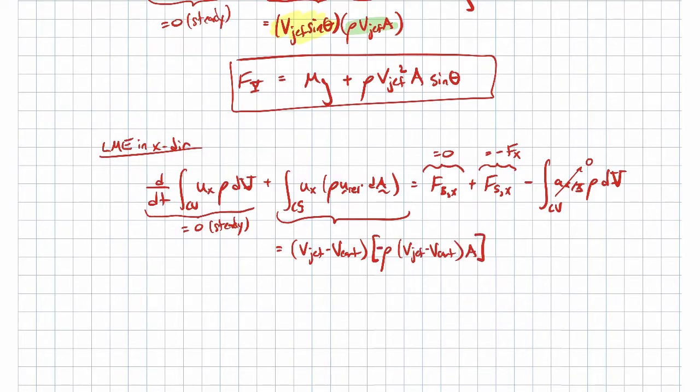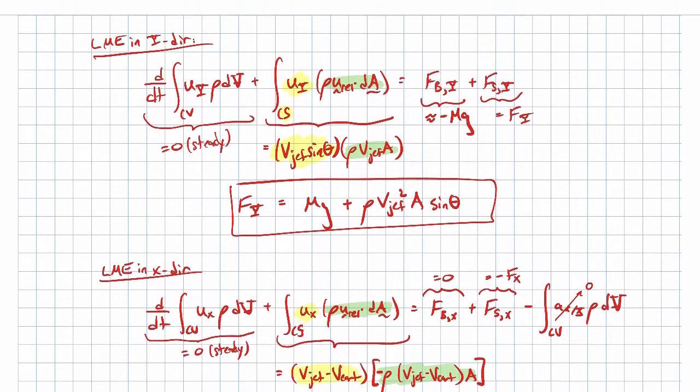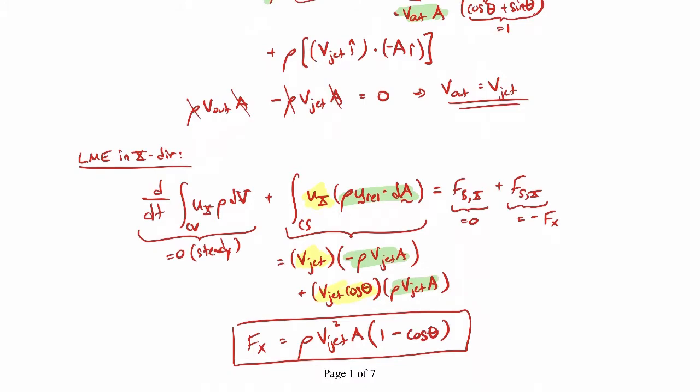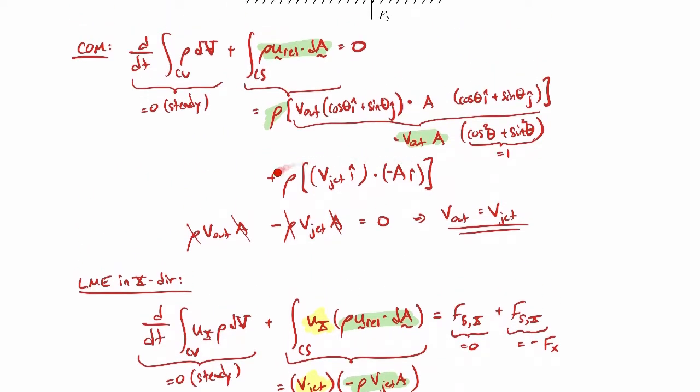Let me highlight these terms again. This is the mass flow rate term. And this one is our ux term, now using our new coordinate system. The mass flow rate term, you can get this the same way that we found it previously. I'm just not going to work it all out here, but it'll be exactly like this expression that we worked out previously.